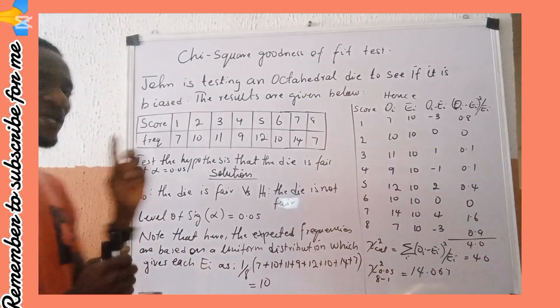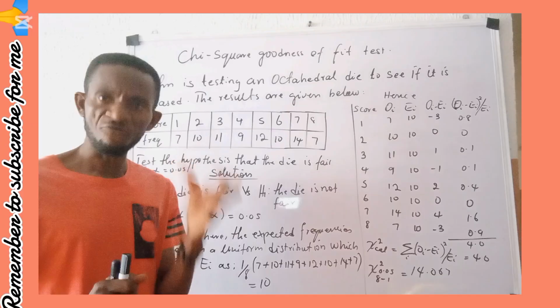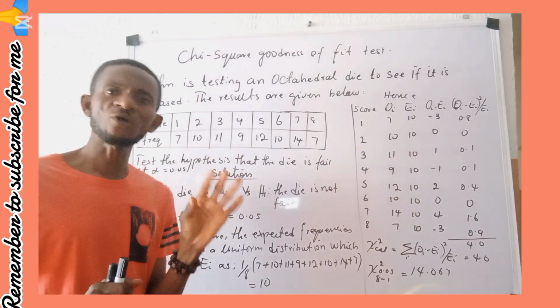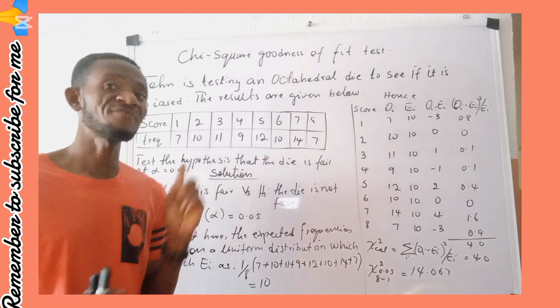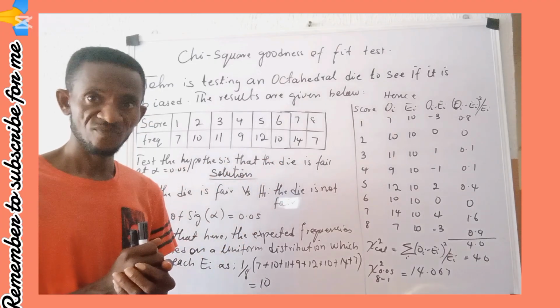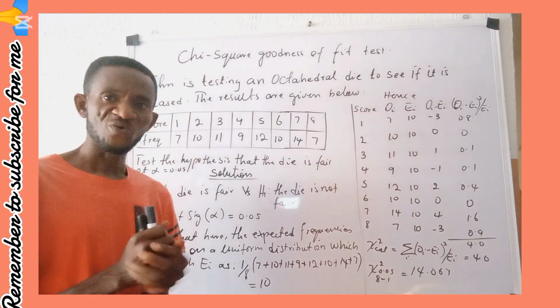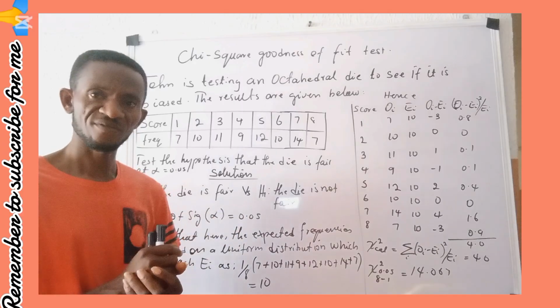Then we are going to recall for ourselves that each time we are confronted with chi-square tests, we should first of all obtain the expected frequencies from the observed frequencies. And going by the nature of the question we have here, we are talking about something that has to do with uniform distribution.